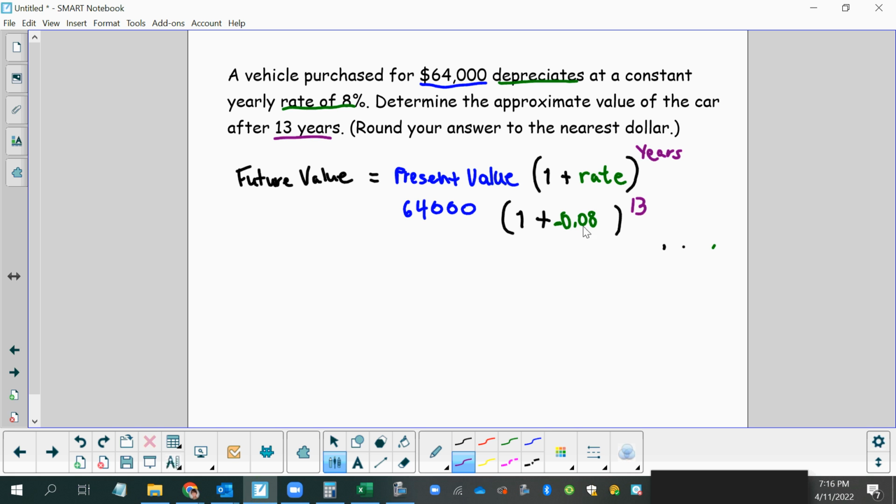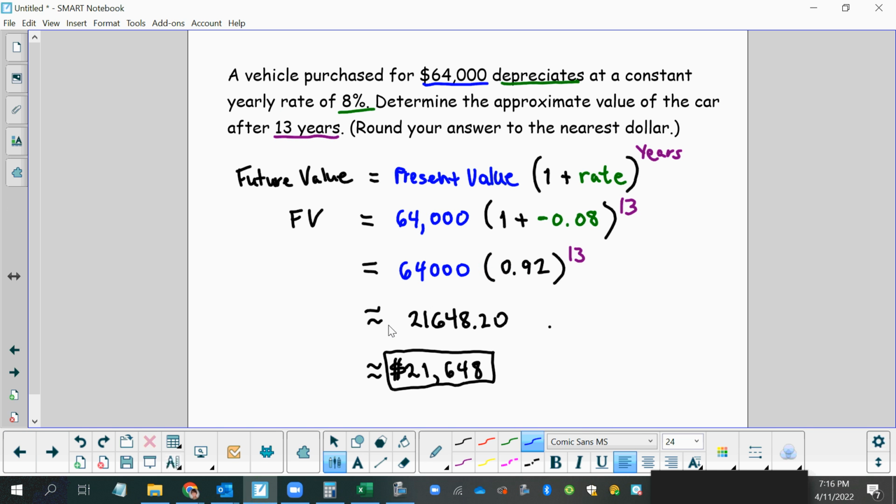Okay, so now we will multiply. First, you will subtract the 8% from 1, and this will become 0.92. And that to the power of 13 will then be multiplied times the 64,000 to get our answer.